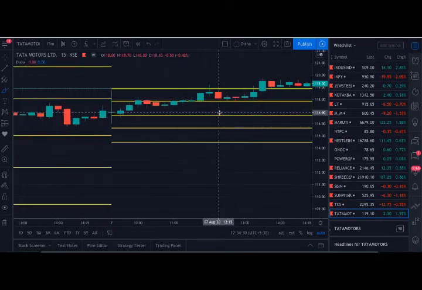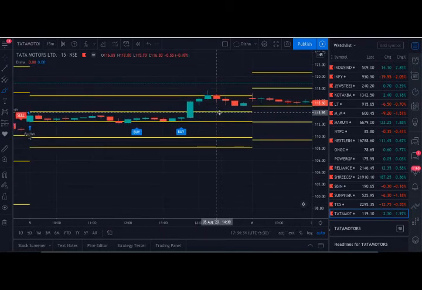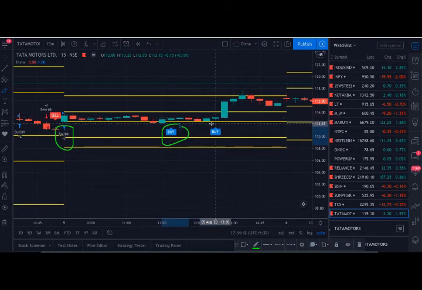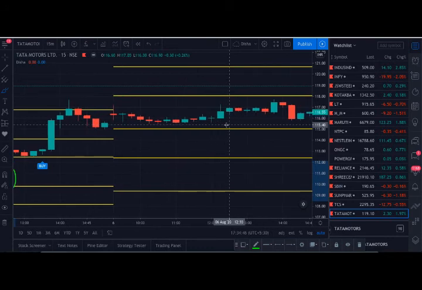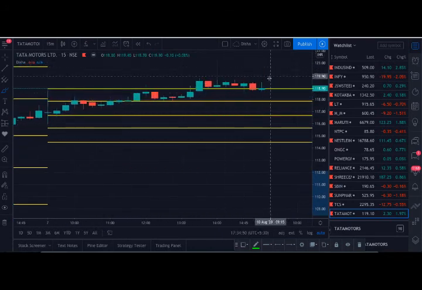Tata Motors, go back, see here, Tata Motors 2 days back it has given bullish trend, a buy signal with breakout. Since then the stock hasn't given any trend change or signal change, so it is valid as long as this point.